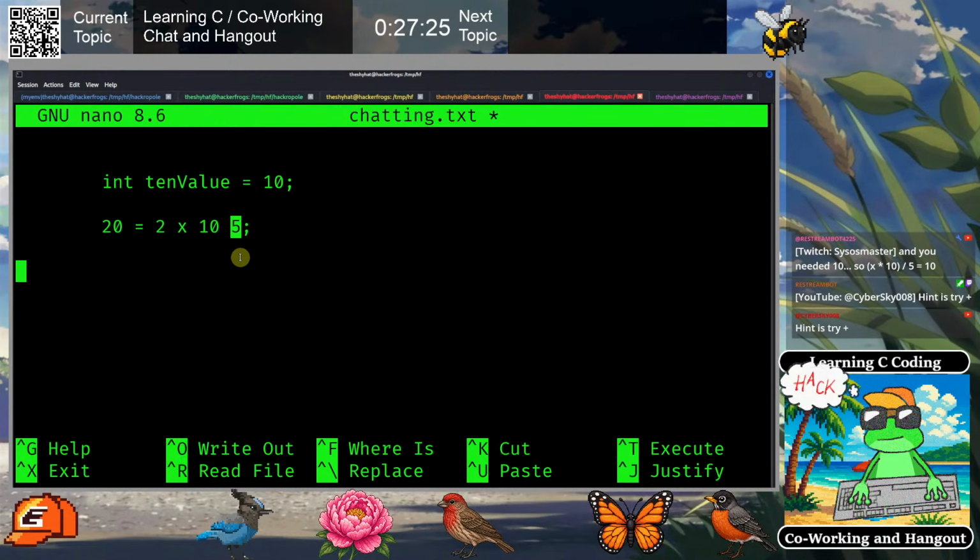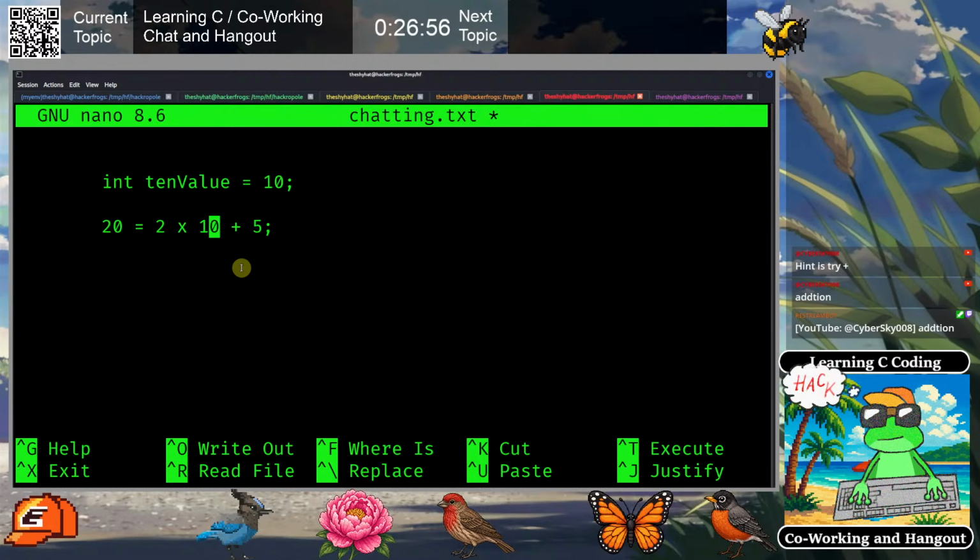Hint is try increment. Increment? Okay. Try addition? Is this what you're trying to say, CyberSky? So 10, something with 10.